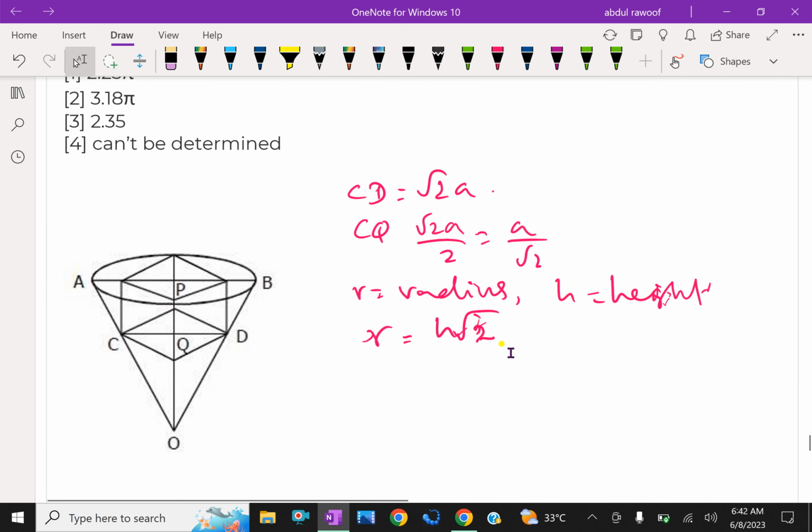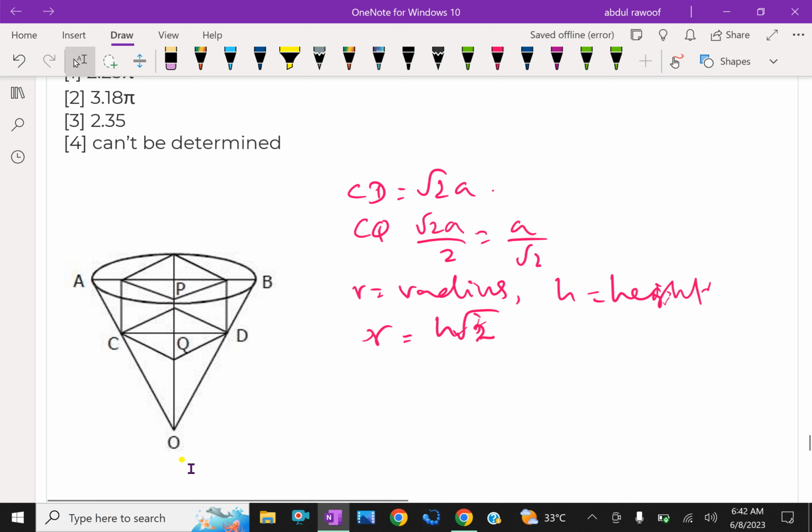So R equal to H root 2. Then triangles APO and CQO are similar. These two triangles are similar.